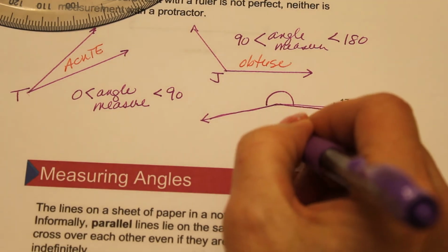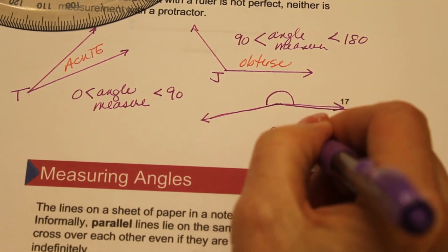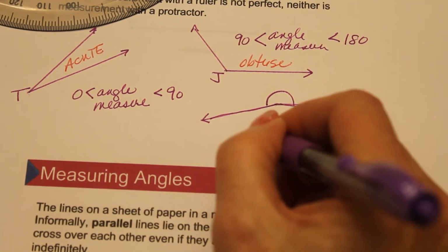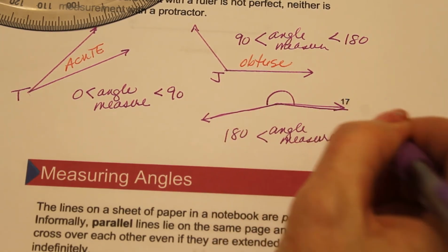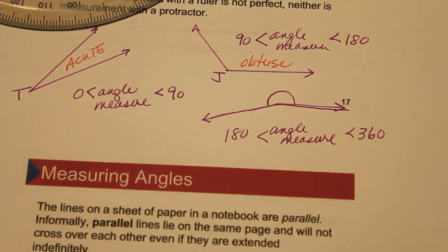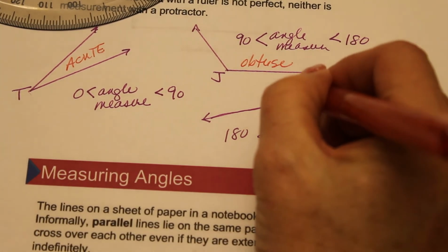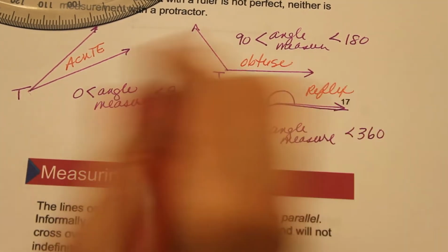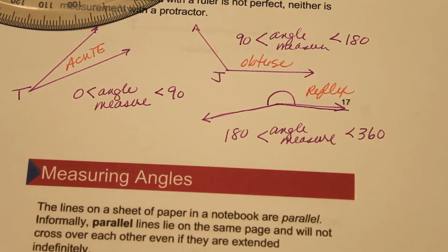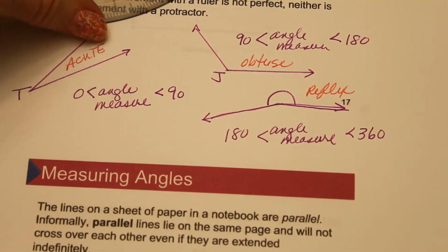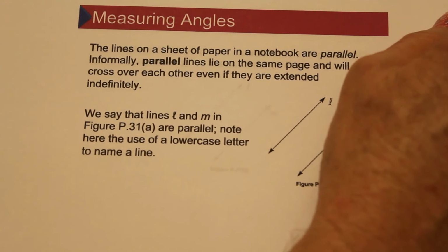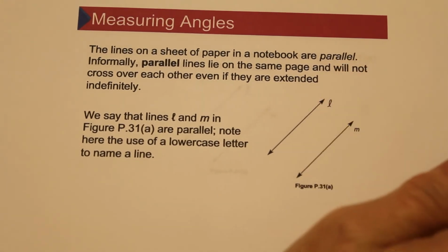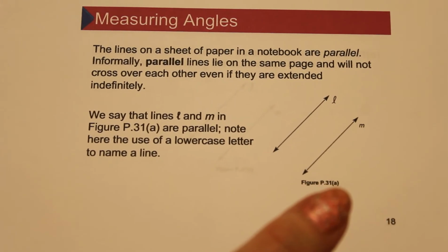And for this, the angle measure will be greater than 180, but less than 360. And that's called a reflex angle, or reflexive angle. And just like ruler measurements are not perfect, protractor measurements are just estimates. So you should try to be careful. But again, it is basically just an estimate.